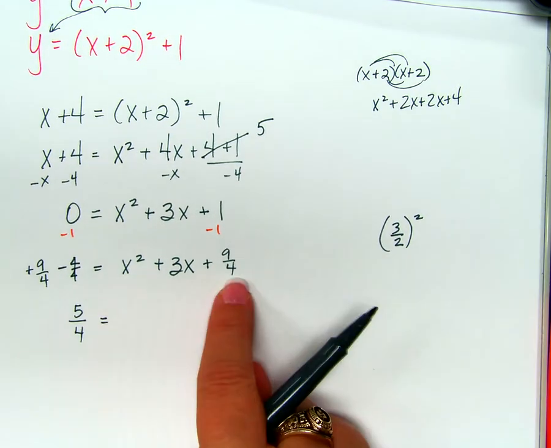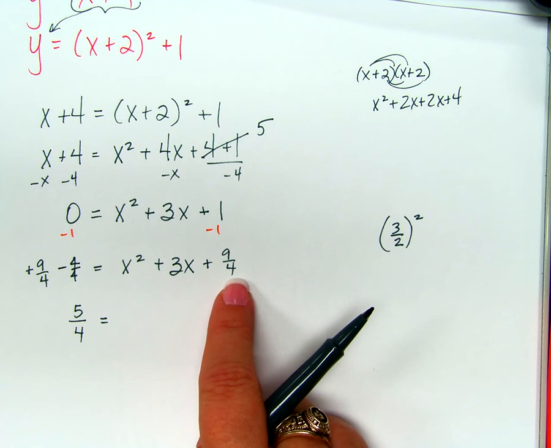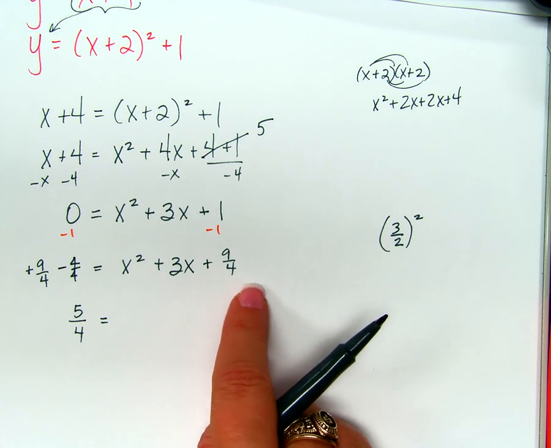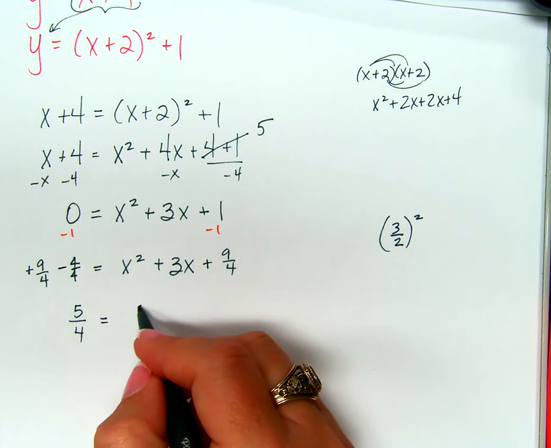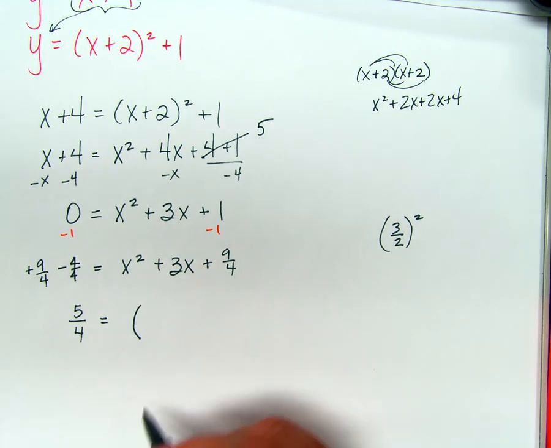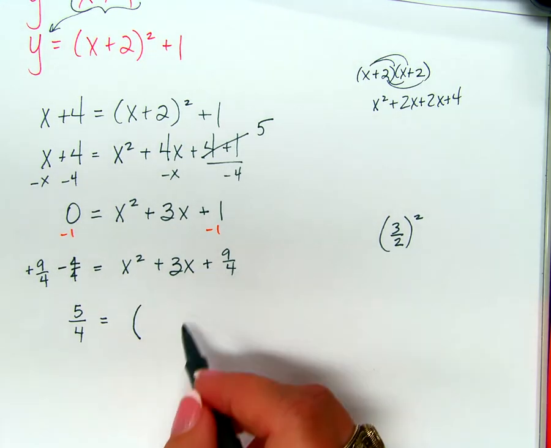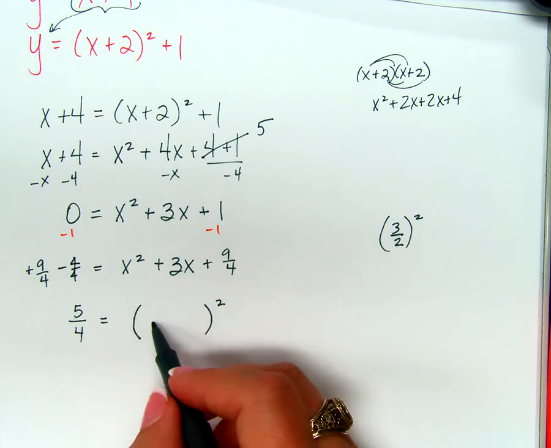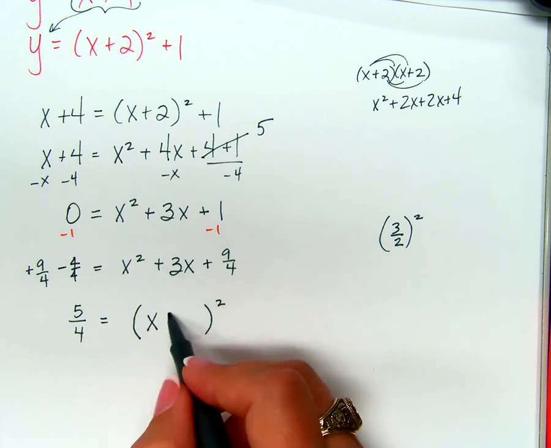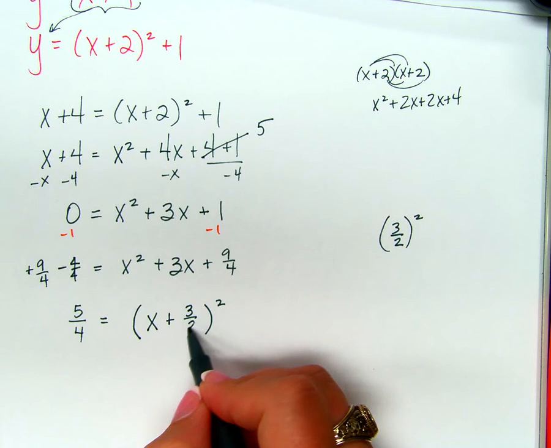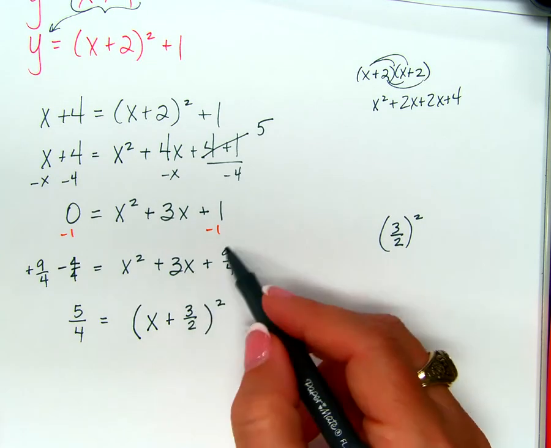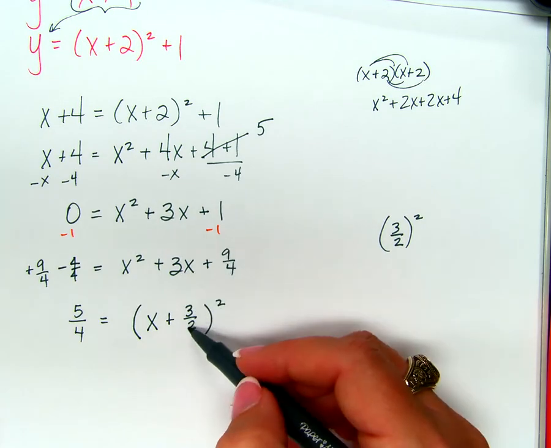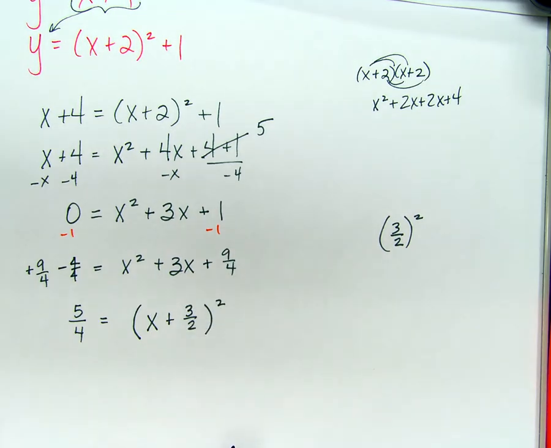What do I do with this trinomial? Where do I go after the trinomial? To the binomial, right? What's the binomial that matches with this trinomial? x plus 3 over 2. Remember, it's either half of this middle term or the square root of that number, but those two things should be the same, shouldn't they?